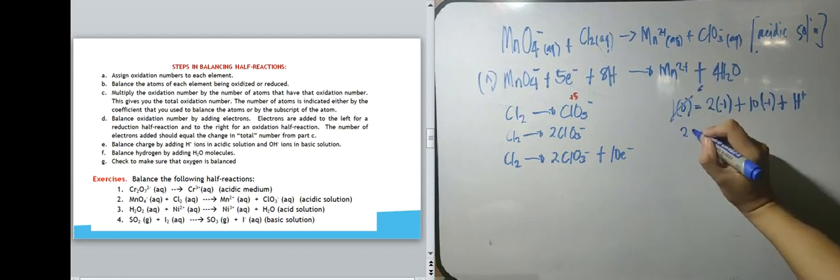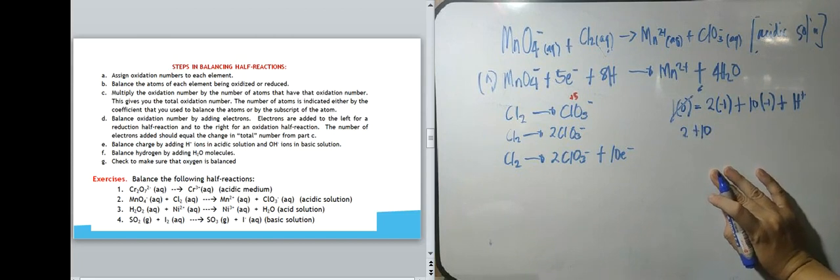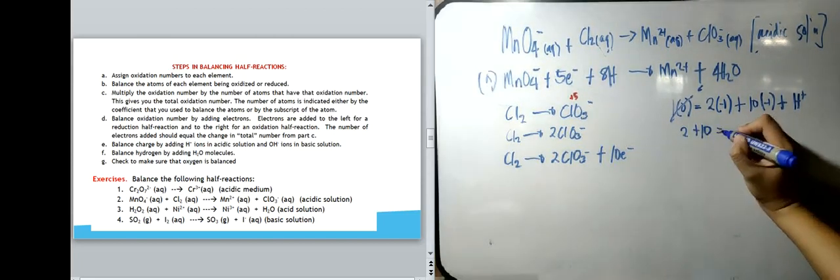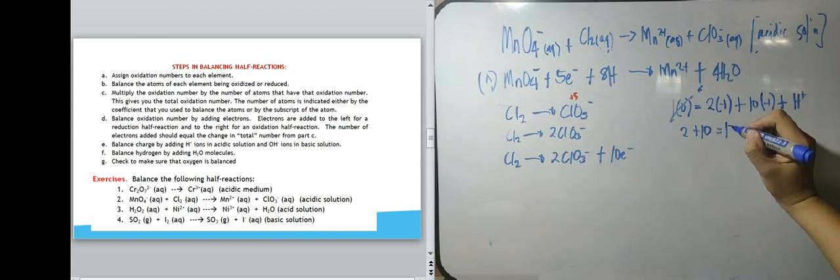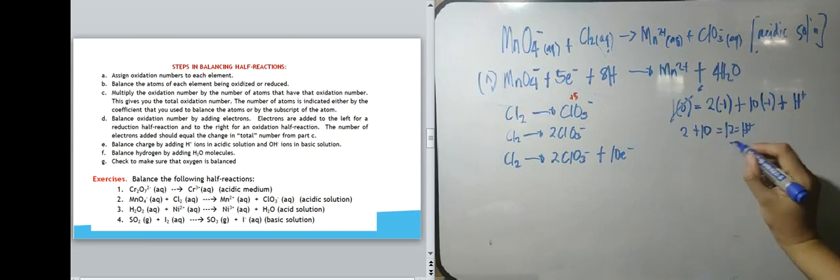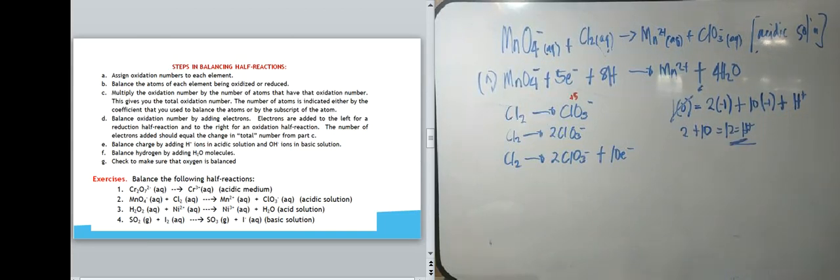So 2 plus 10 equals 12 H. Therefore, we will add 12 H.